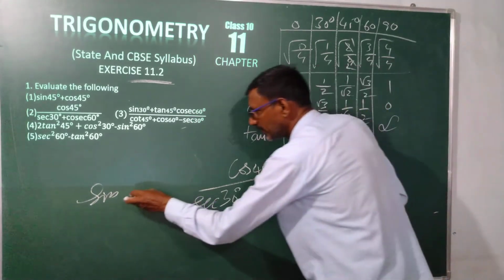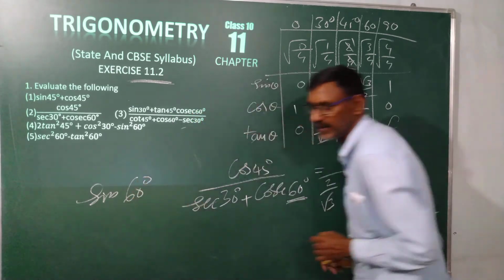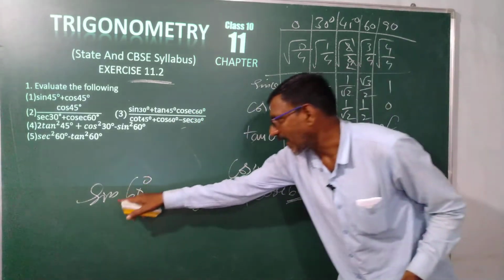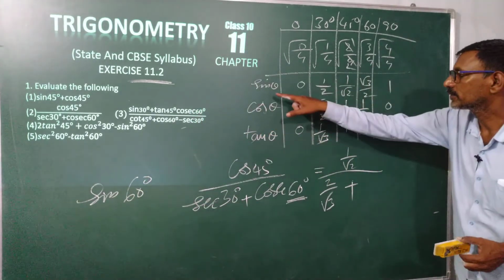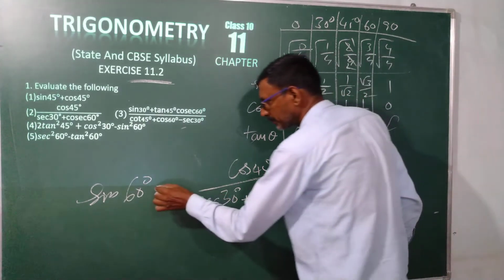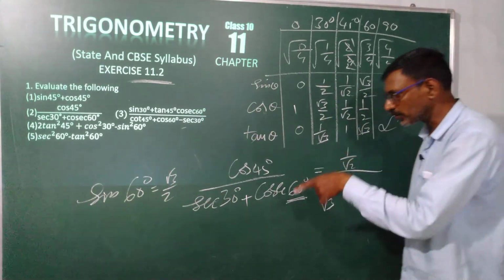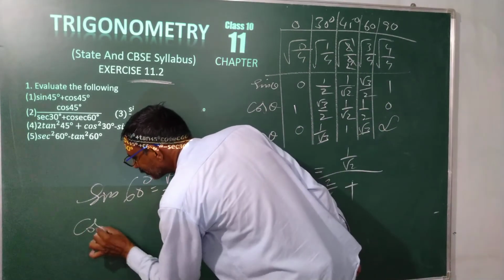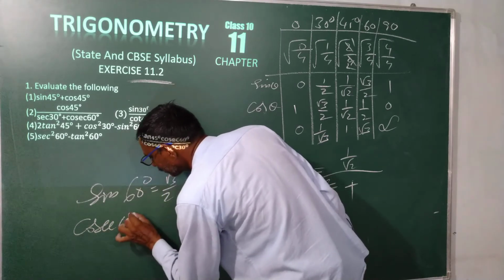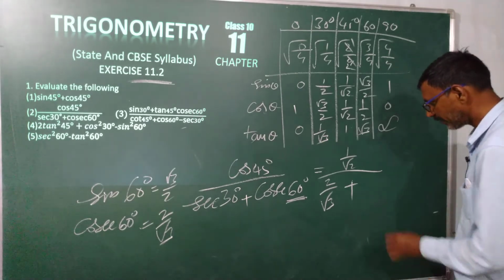Its inverse is sine; here I have 60, I will take 60 degrees. Sine 60 is how much? See, sine 60 degrees, root 3 by 2. Okay. Now I will come to cosec 60. Its inverse ratio, 2 by root 3. I will write 2 by root 3.